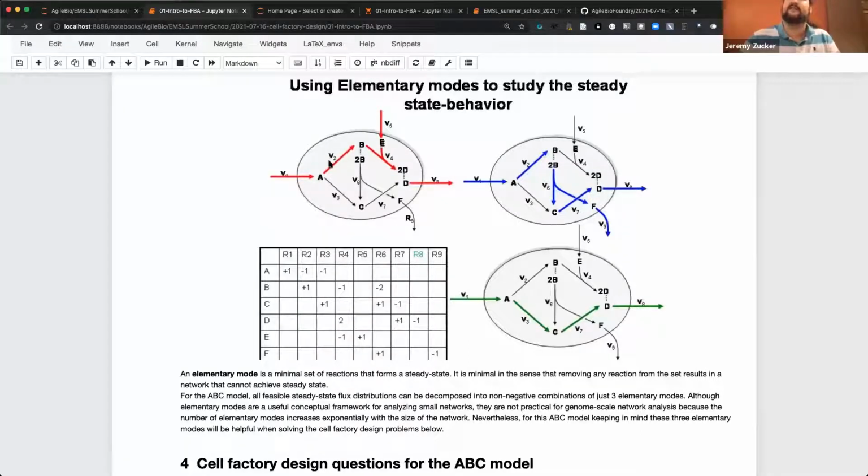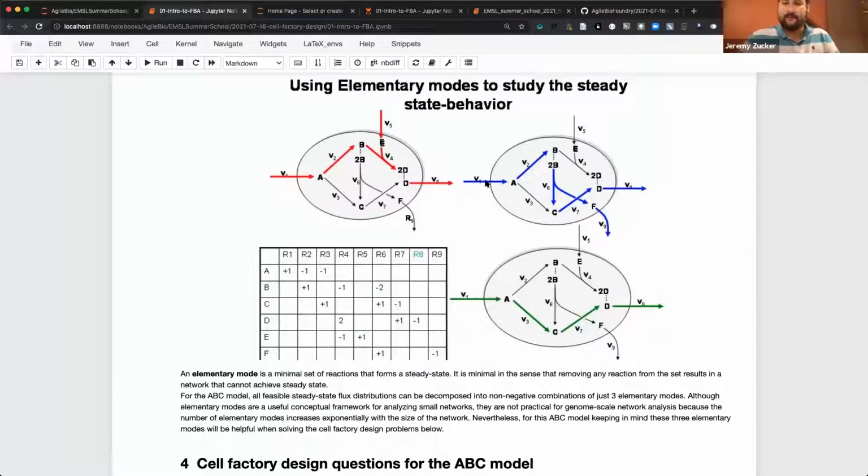So if I were to remove, for example, V2, then there's no way that if you have flux coming into A, there's nowhere for A to go. And so it's no longer in steady state. Likewise, if I were to remove this reaction, again, I could not achieve steady state.